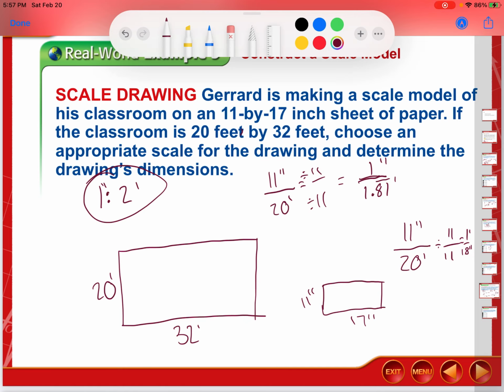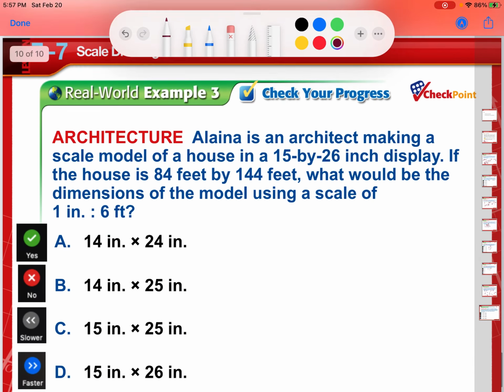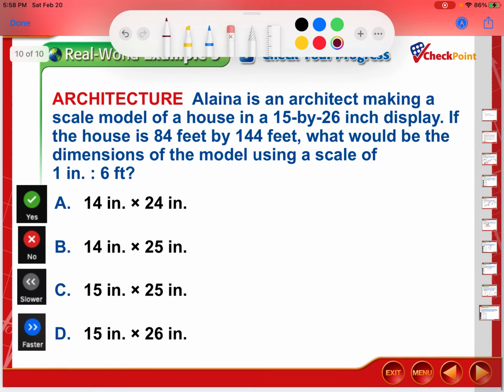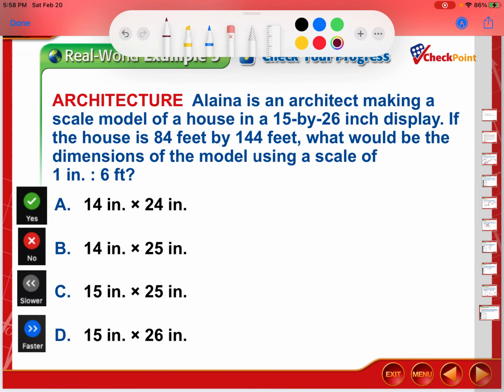So I have 1 inch to 1.81 feet. And if I used that scale throughout, then this measurement on the classroom, this 20 feet, would fill this 11 inches on the paper exactly. So you could do that and say your scale factor is 1.81 repeating. But to me, it's just a lot cleaner to say 2 feet. But it's your call. Your life, live it how you choose.